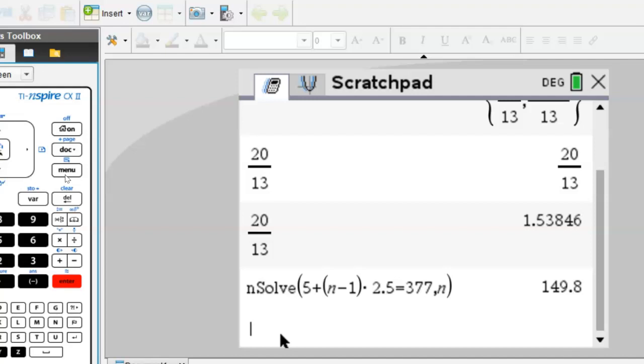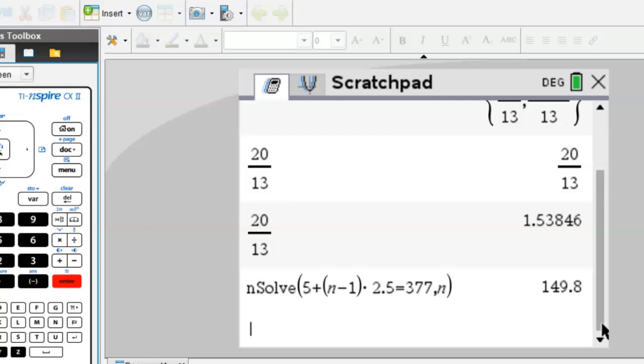But you have to be careful. We cannot have a 149.8 term. Your terms have to be positive whole numbers or positive integers. So, if we want to be greater than 377, we can't do 149. 149 will be a little bit below, so we have to round up.